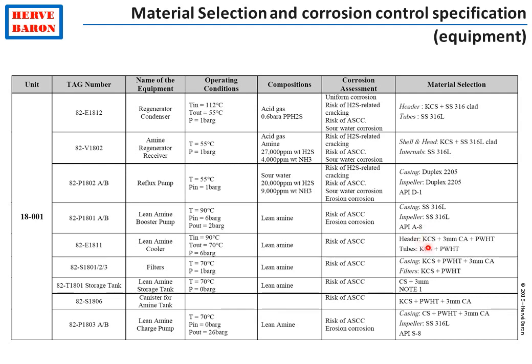Special type of carbon steel must be specified, which has low hardness and low carbon content, and also special type of manufacturing, in fact, heat treatment of welds to reduce their hardness as well, is specified to prevent this hydrogen-induced cracking.